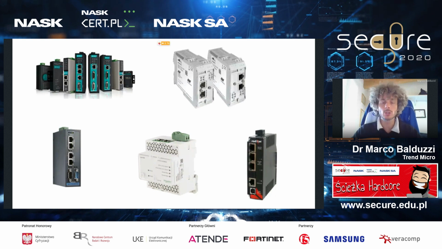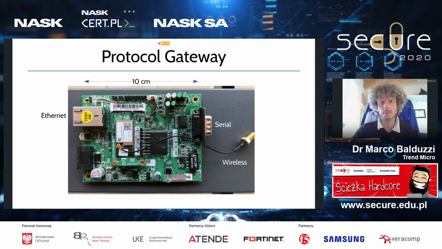These are used to transform one protocol into another, and there exist different types of these gateways. But what they all have in common is that they are pretty small, as you can see on screen. You can keep them in your hands, and they have one or more interfaces. As I said, they usually do translation from Ethernet to serial.